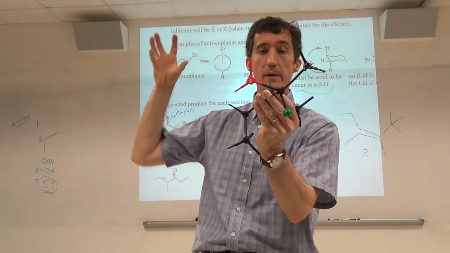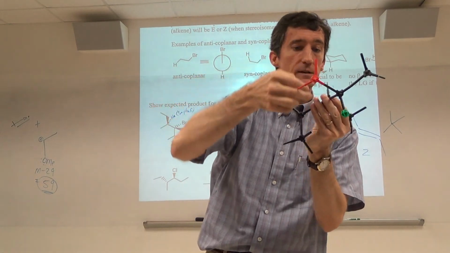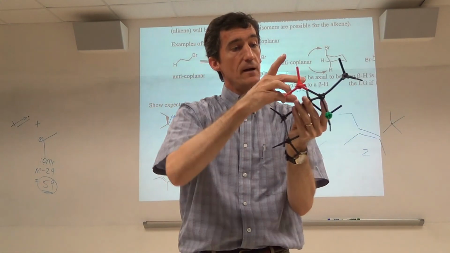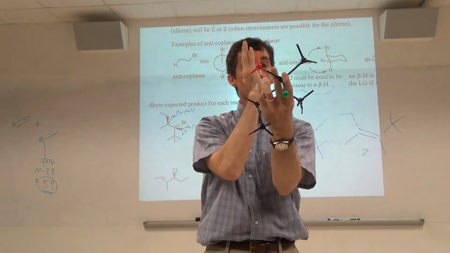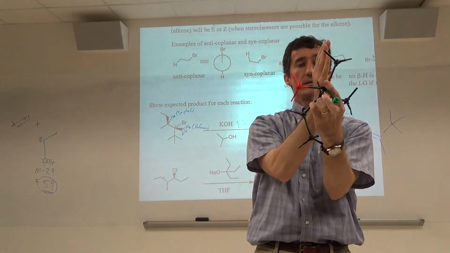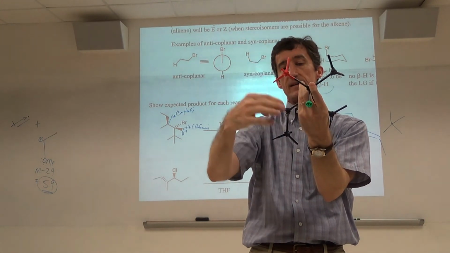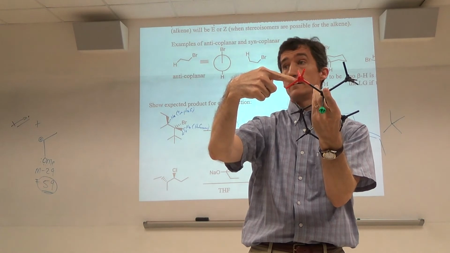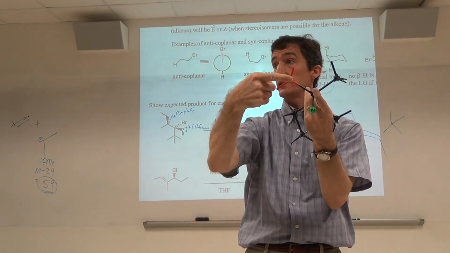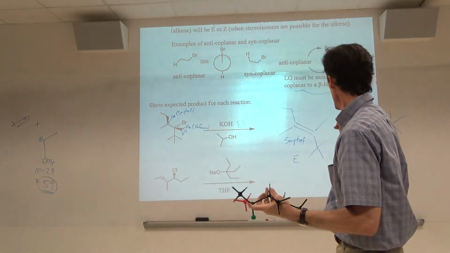What's the mechanism? Base takes H, electrons move in, leaving group leaves, all at the same time. And when all that happens at the same time, the groups are fixed. And now the double bond ends up in the plane. And on this side is the ethyl and the t-butyl. The alkyl and the t-butyl are on the same side. So which do we get?